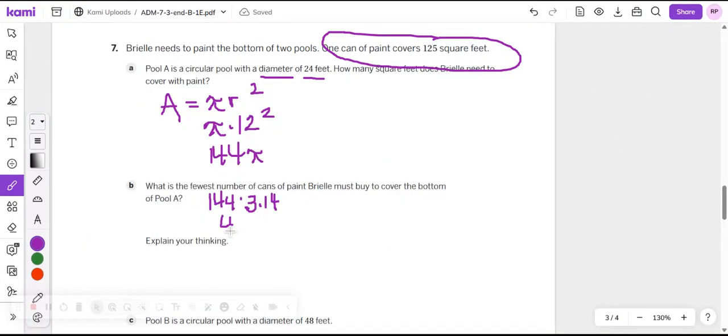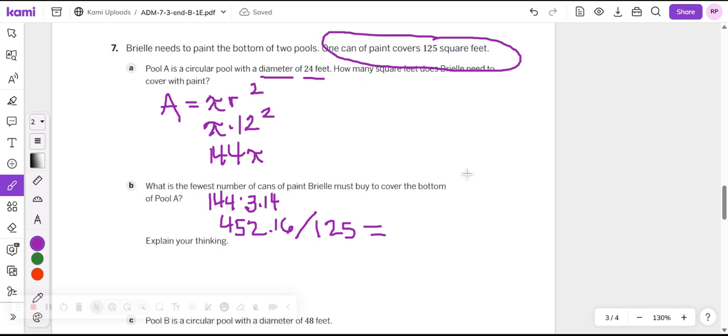So I'm going to solve 144 times 3.14. 144 times 3.14 is 452.16. I'll divide that amount by 125 since that's how much 1 can of paint covers.